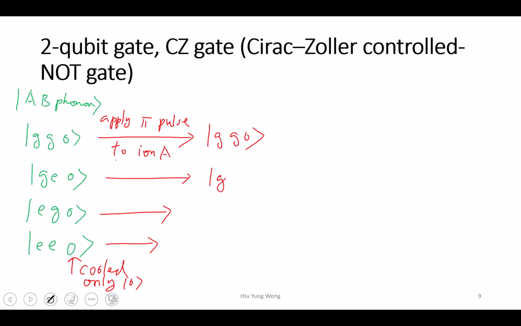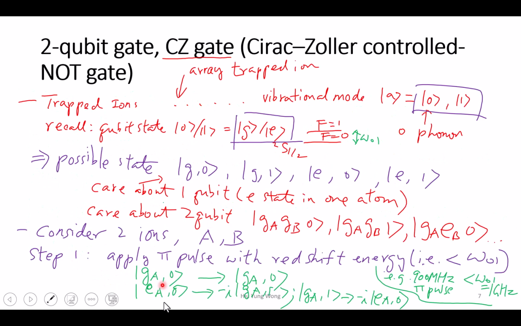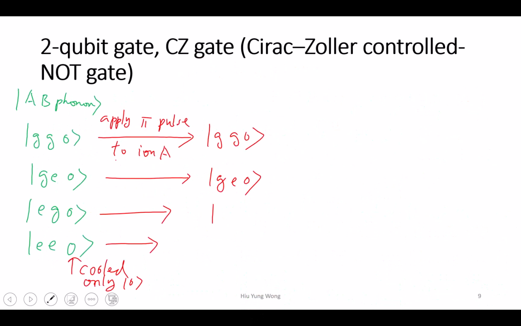So GE0. How about the third one? It is in the excited state, and we apply the pi pulse. If you forgot, take a look. Excited state for A and 0 becomes negative i, ground state for A and 1. So in this case, I get negative i, and this becomes the ground state and 1.